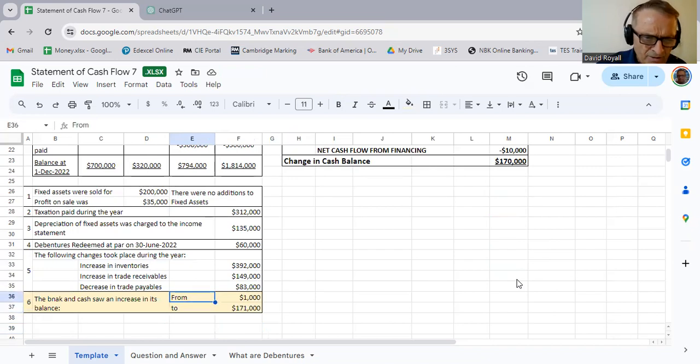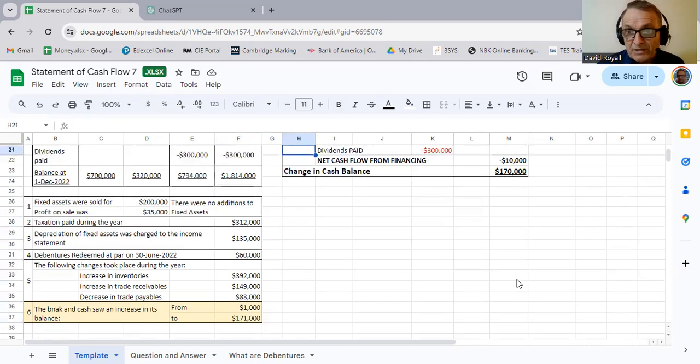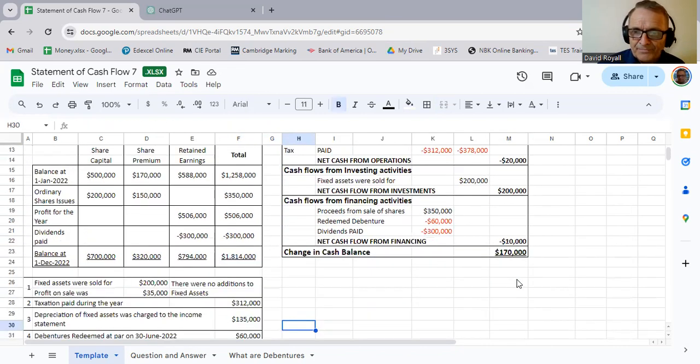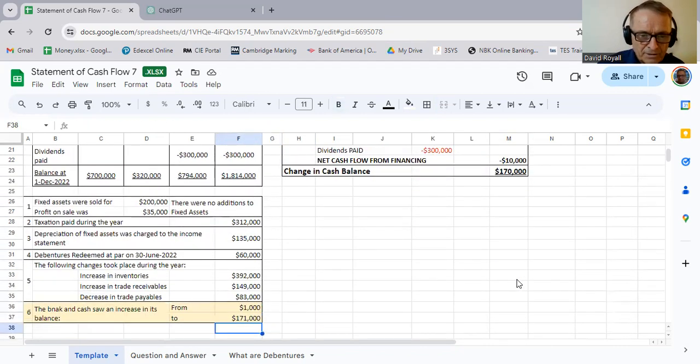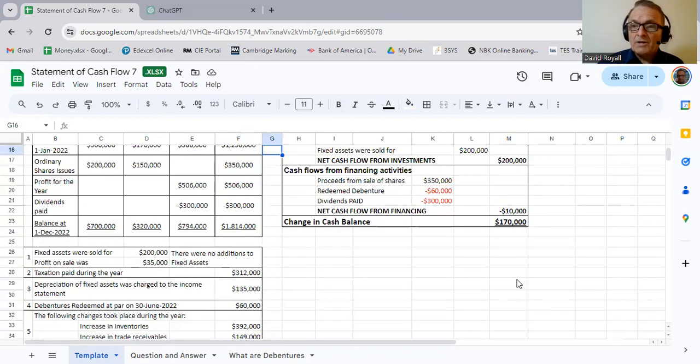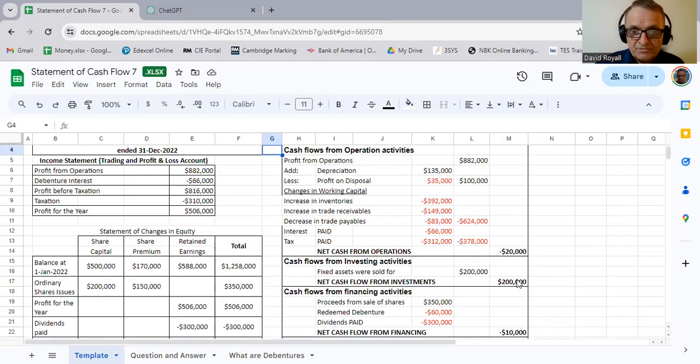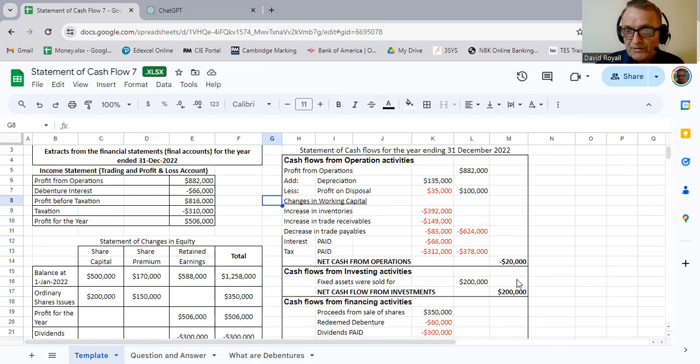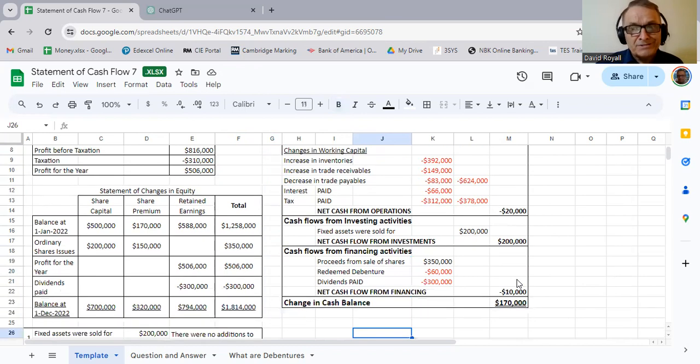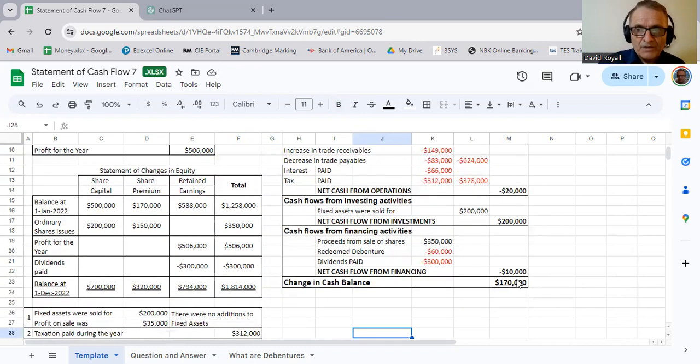Well, yes, it does, because our balance has gone from 1,000 to 171,000. So they say don't judge a book by its cover. Yeah, I think that's probably appropriate here, because although there's been a huge increase in the cash balances, why? We can look at the source and the way those funds have been applied. But I think there's a lot more questions to ask if this were real.